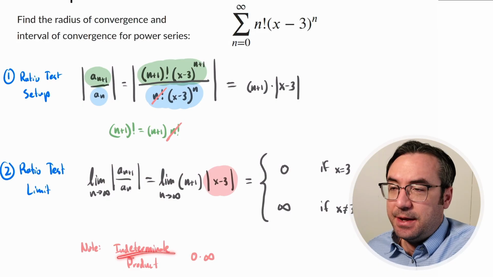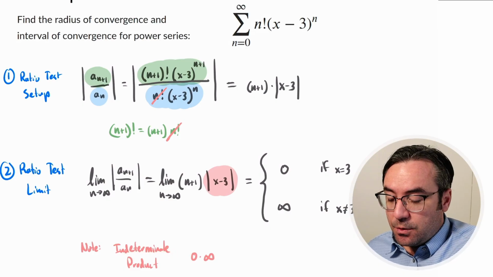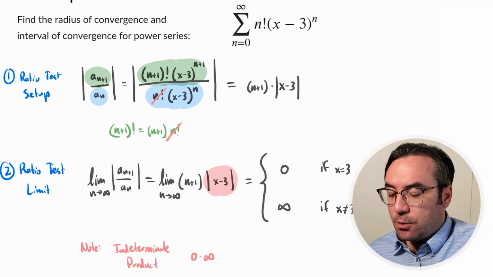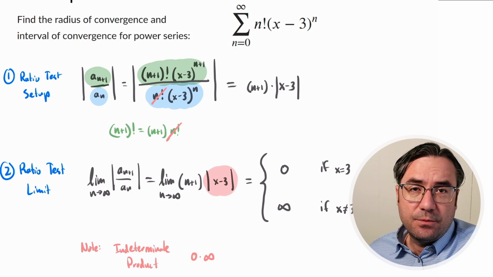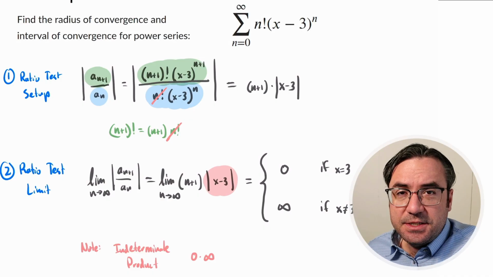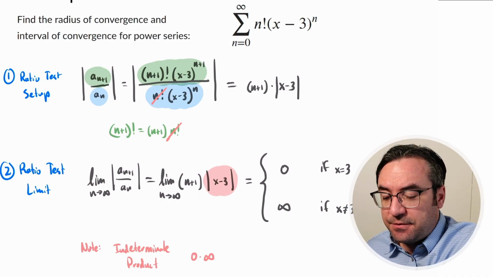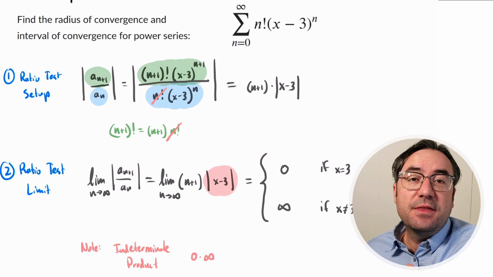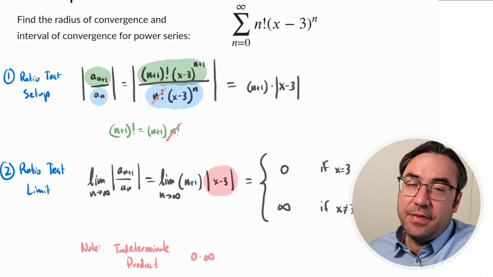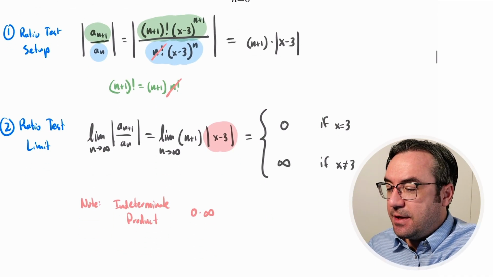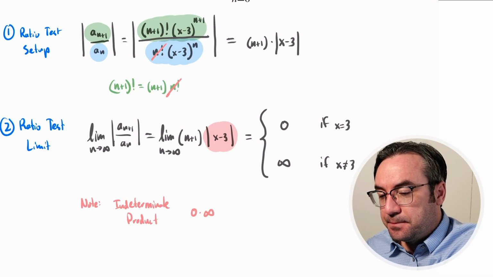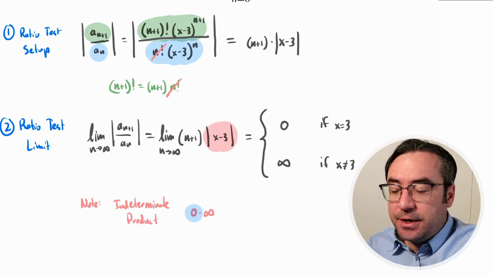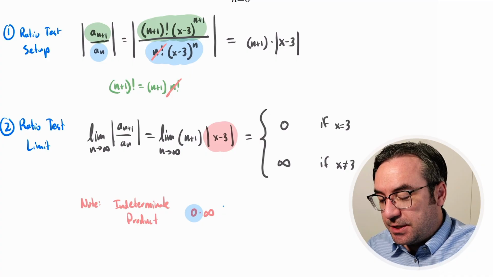This is indeterminate because we don't know if the term that's approaching 0 is going to win or the term that's approaching infinity is going to win. We don't know. This one is different, though. We're not seeing something that's approaching 0. We're seeing something that's exactly equal to 0. And that's a difference. In the indeterminate product, the term we're saying is 0 here is approaching 0.